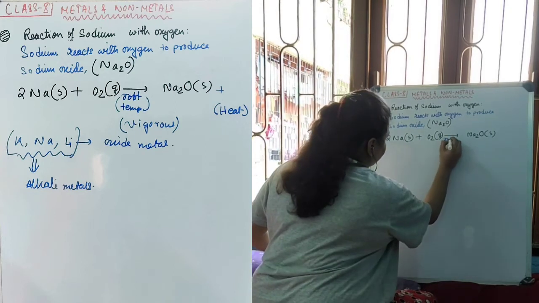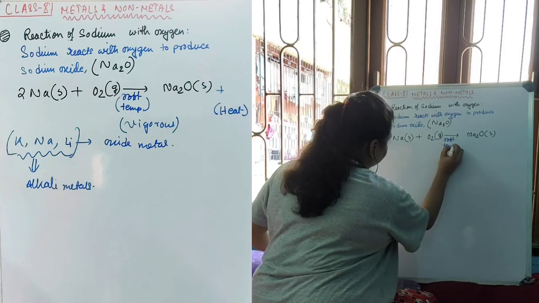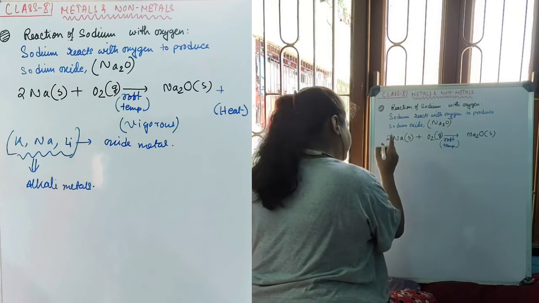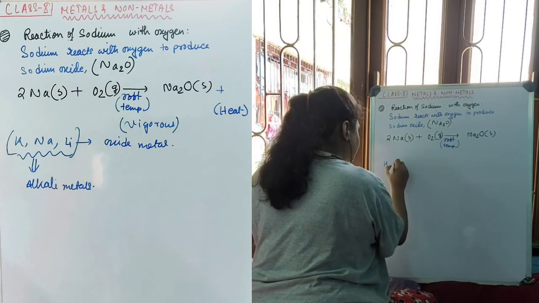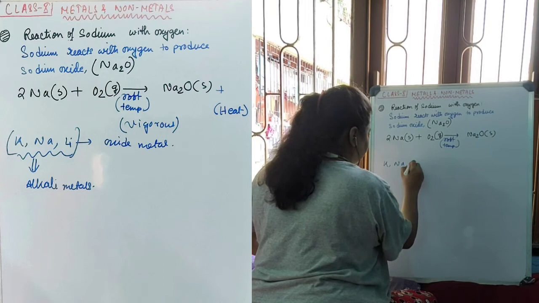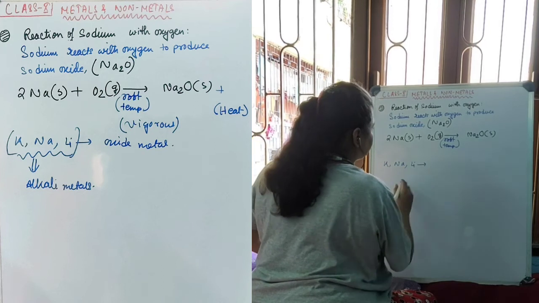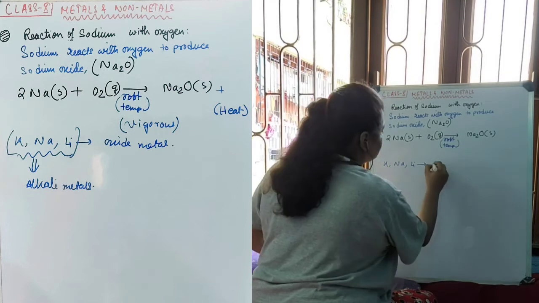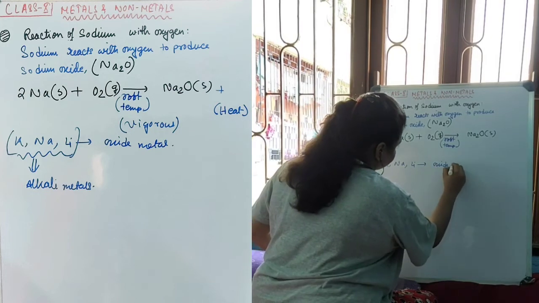So this entire reaction happens at room temperature. No energy is required. Similarly, potassium, sodium and lithium do this similar kind of reaction at room temperature with oxygen to produce the oxides of these metals.